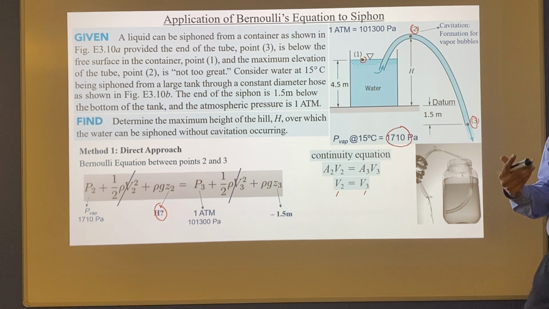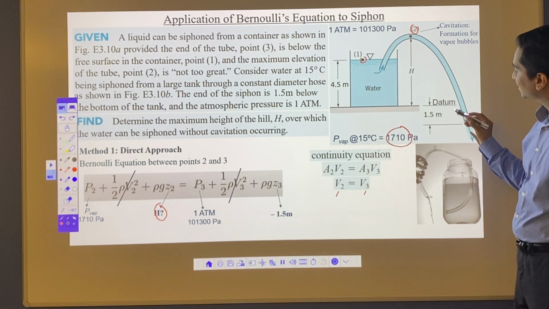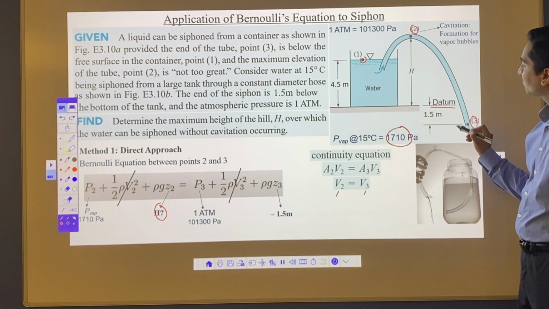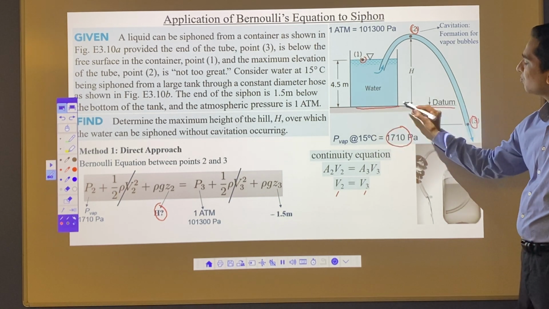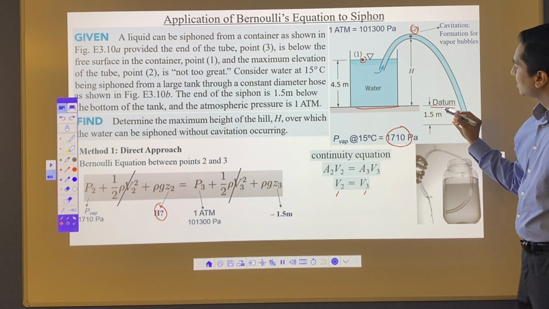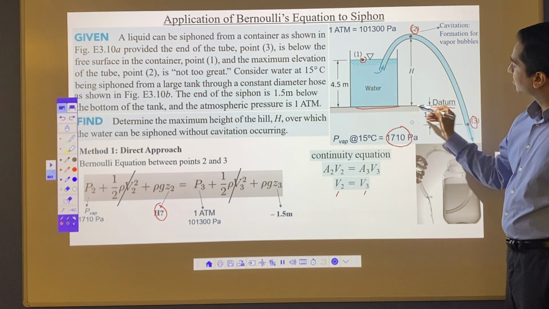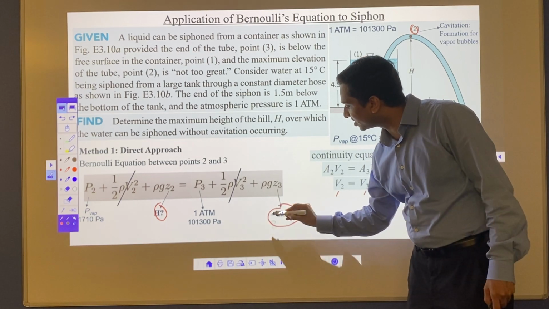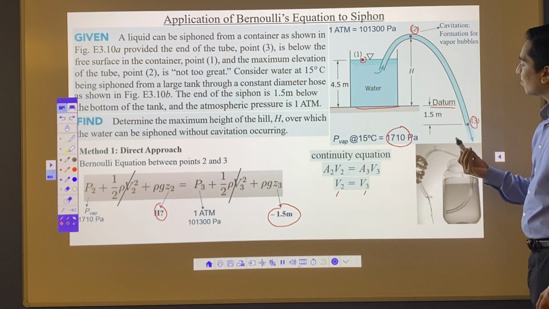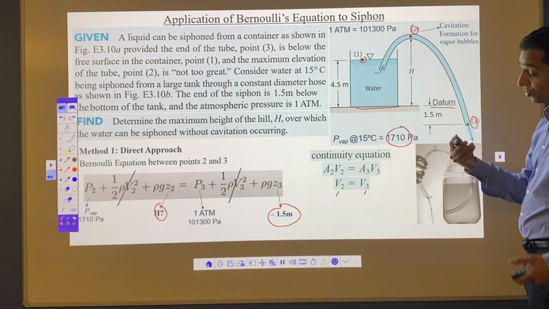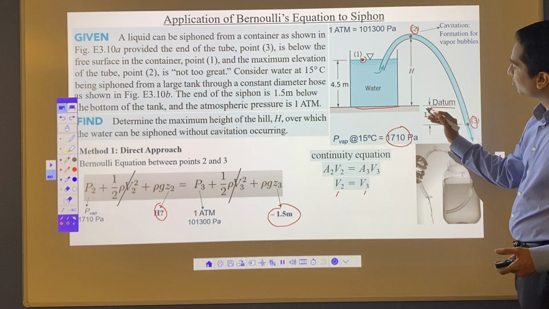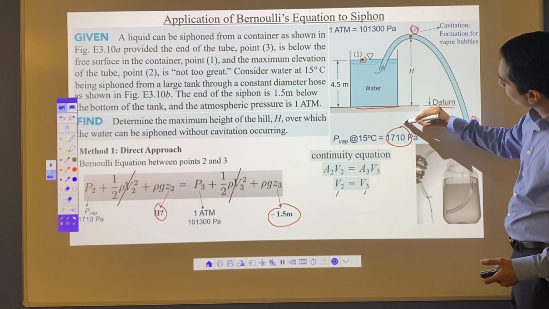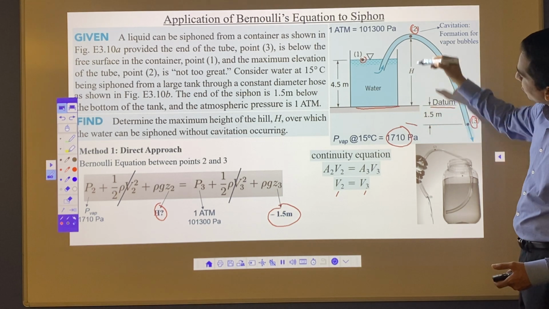Now the important thing about this Z3 is that we have our datum here at the base level of the water tank. So for Z3, anything below the datum, you need to take as negative. So we have a negative sign for Z3. You can do this problem another way, where you take your datum at point 3 and then you will get the entire height from the datum.